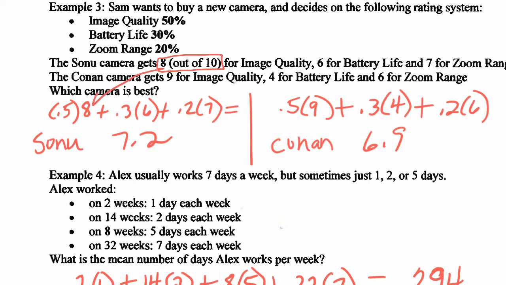I guess they were all out of 10, so I just kept those as my whole numbers. When I did those percentages times their values for the first camera, I got a 7.2 average rating. And for the Canon one, I got a 6.9 average rating. So which would be the better camera he should choose? Whatever this Sony one is, okay?